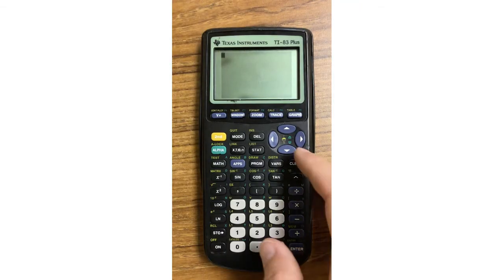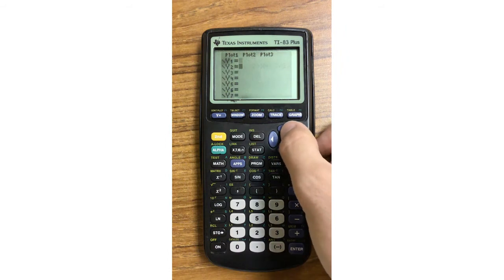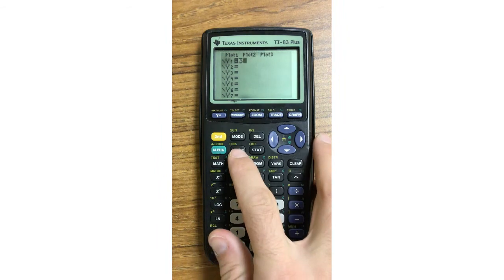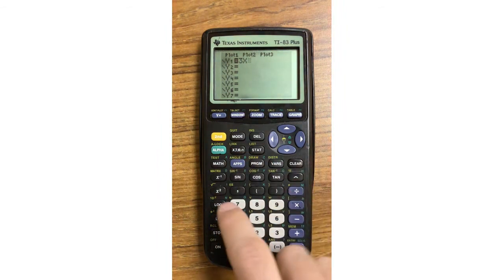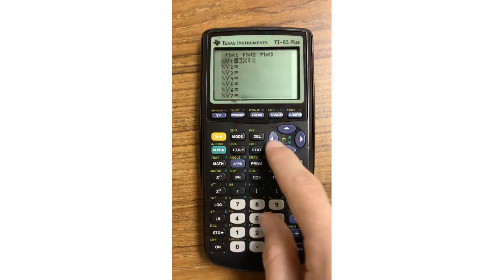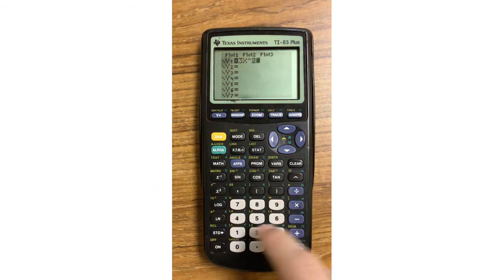All right, so in number 2, we went ahead and found our inverse. So we're going to enter our original function, 3x squared. I can either click this button right here and I get squared, or I can just do to the power of 2. Either one will work.